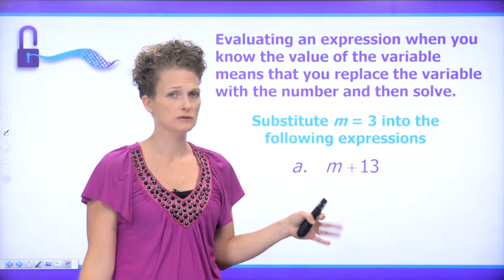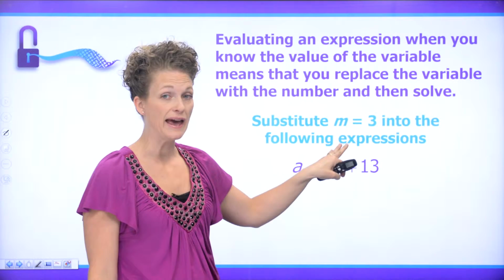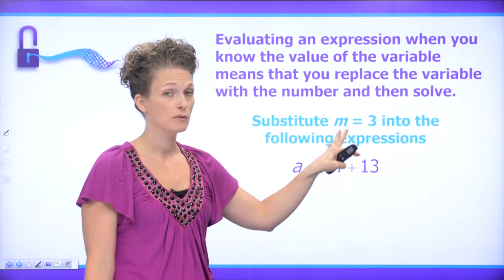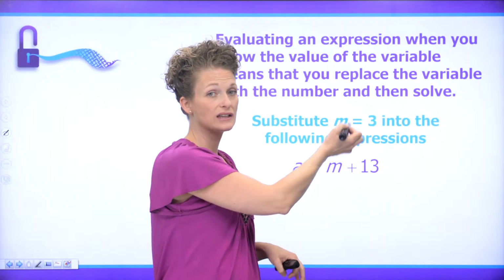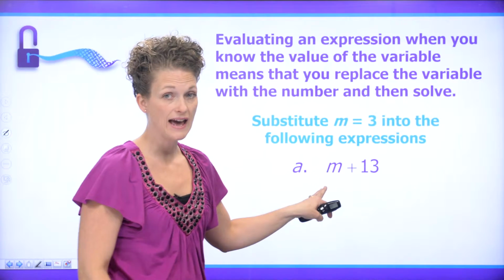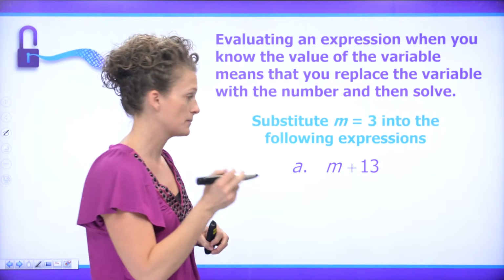This is a pretty simple expression, but we are told to substitute m equals 3. Now remember, equals means m is the same as 3. So when we see m, we're going to take it out and substitute 3.